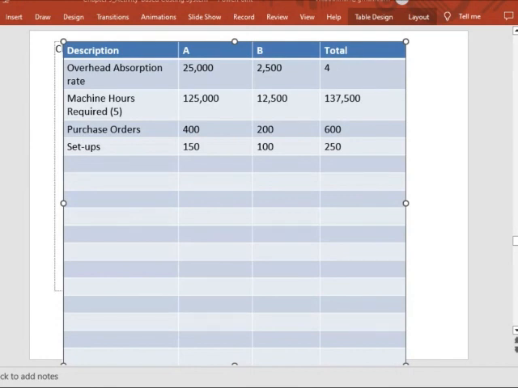Now we are going to take the cost per cost driver. Okay? So let me put it in.